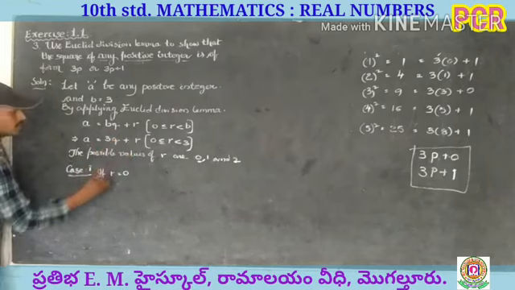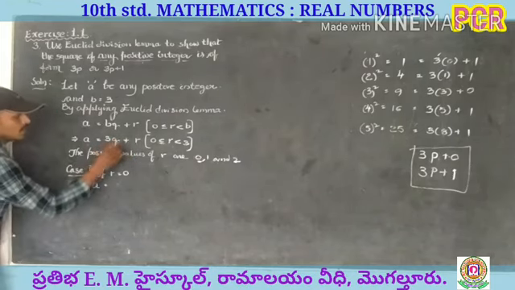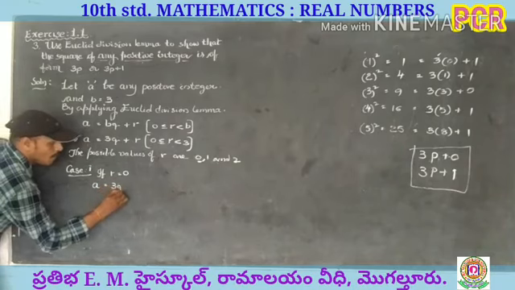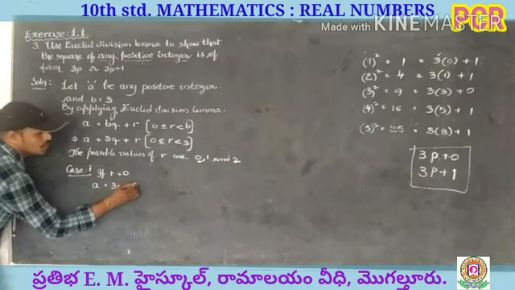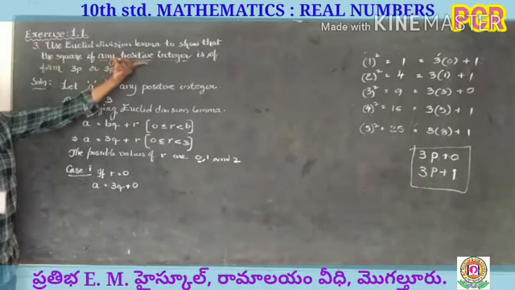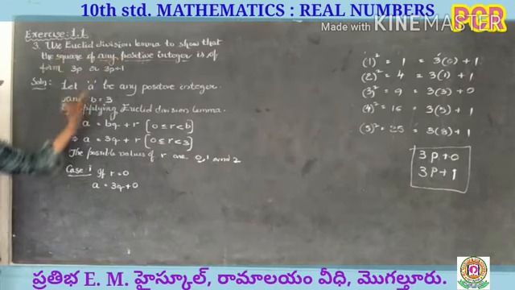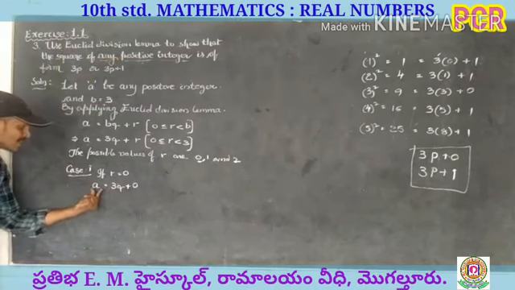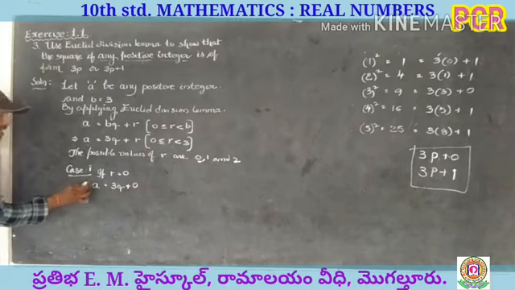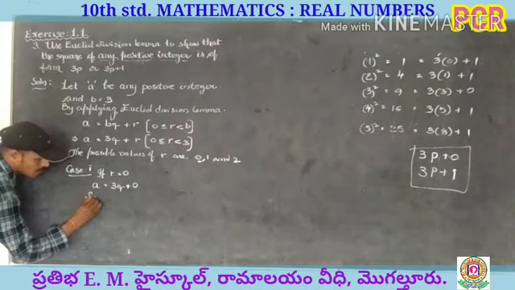Substitute the r value: a is equal to 3q plus 0. But we have to find the form of the square of any positive integer, not only the positive integer. That means we have to square on both sides. We need a square. Squaring on both sides.